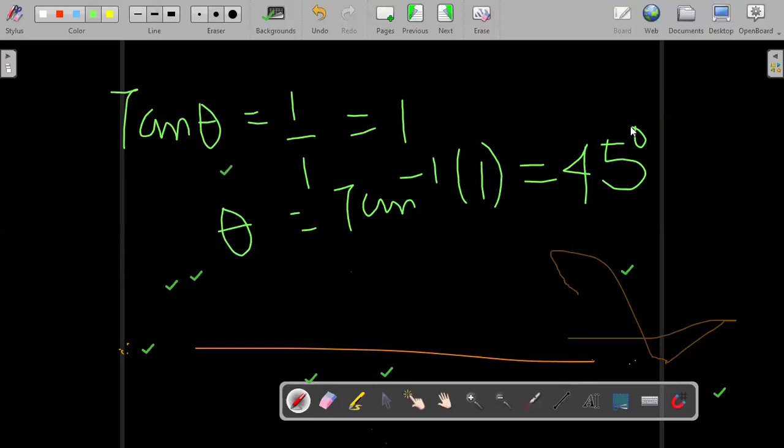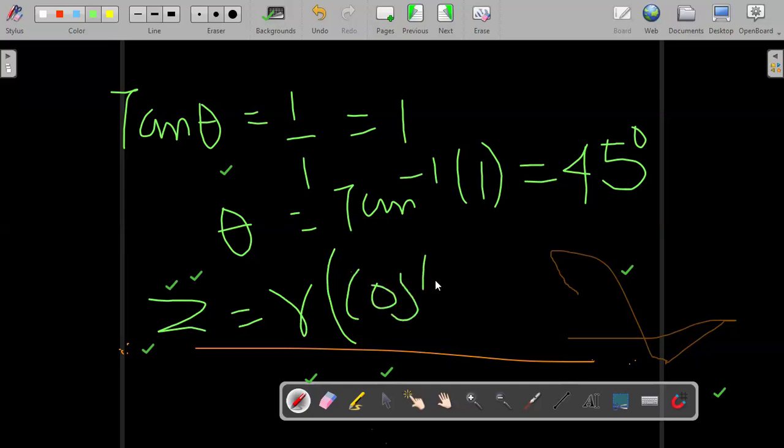So if I want to put it in polar form, the expression is Z equals R into cos theta plus I sin theta. This is the expression in polar form. So let's substitute it.